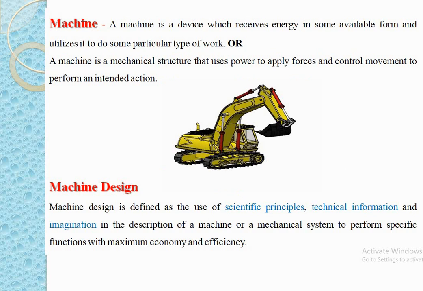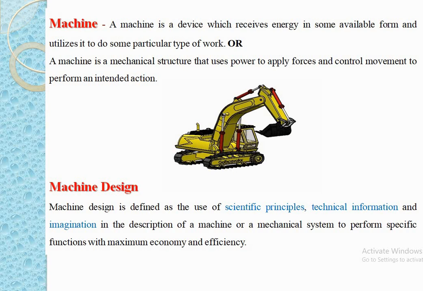Before going into machine design, let's have a look at what is meant by a machine. As we know, a machine is a device which receives energy in some available form, that is, it receives energy as some input and utilizes this energy to do a particular task, that is work.